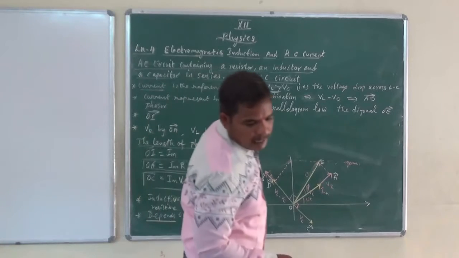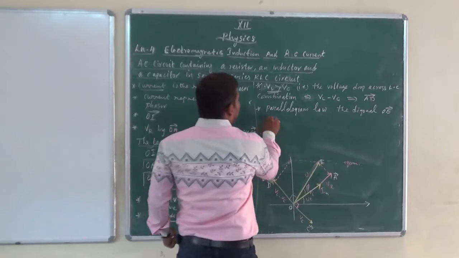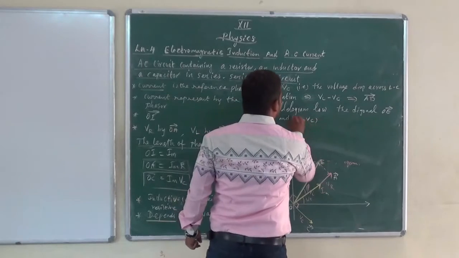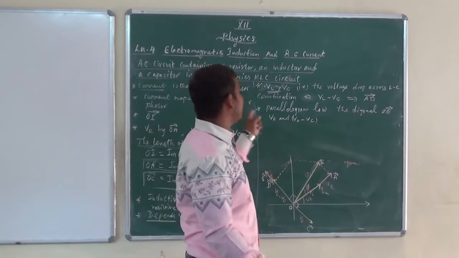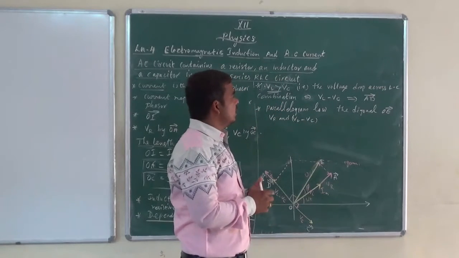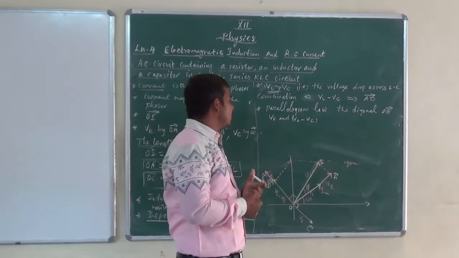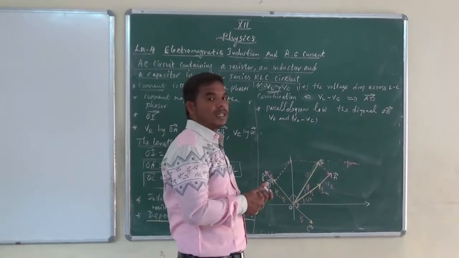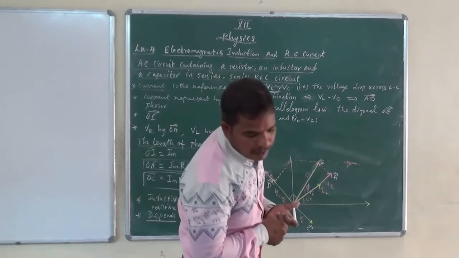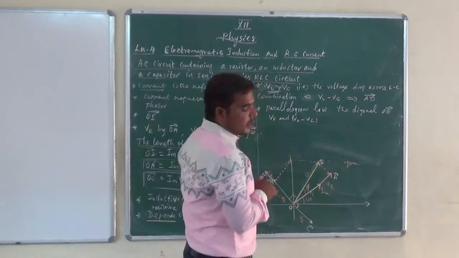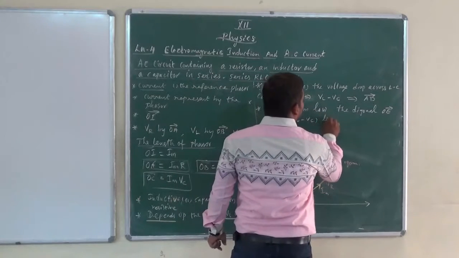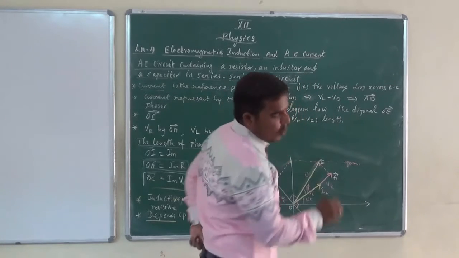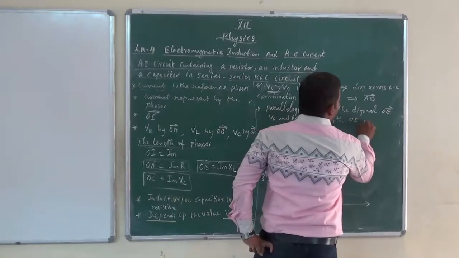Here VR and VL minus VC. In the phasor diagram, by the parallelogram law, the diagonal OE is obtained from the voltage drop across the resistor, inductor and capacitance, VR and VL minus VC.